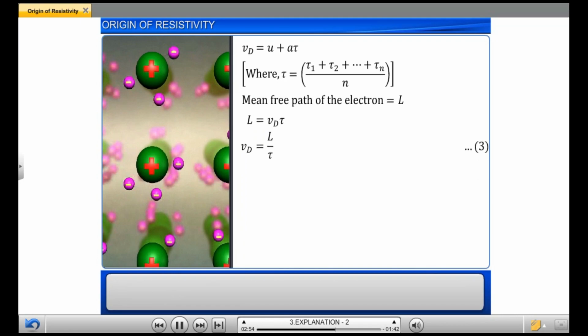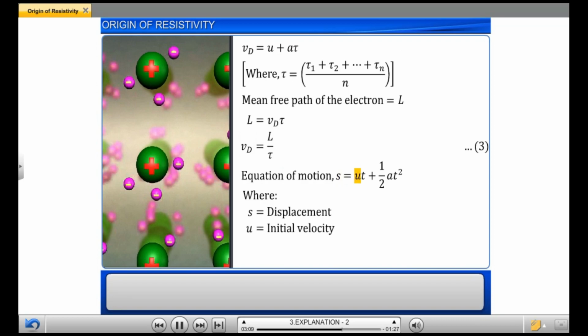We also get L using the equation of motion, S is equal to ut plus half at square in kinematics, where S is the displacement, u is the initial velocity, a is the acceleration, and t is the time.